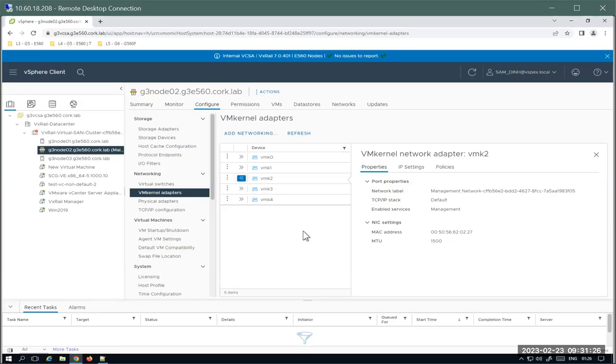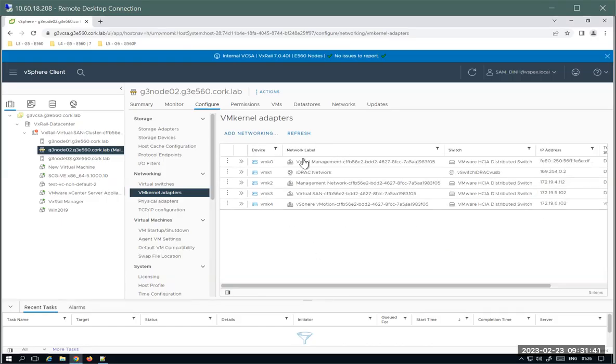That's the idea. Why do we need a totally different TCP/IP stack for vMotion? It is for security and performance purposes, and that happens by design.